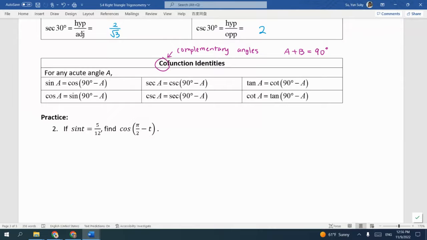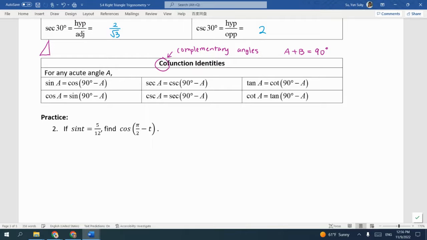So cofunction, complementary angles: sine A equals cosine of 90 degrees minus A. You can think of the cosine as the cofunction of sine, right? So sine A is cosine of 90 degrees minus A. Cosine A is sine of 90 degrees minus A. Why is that?